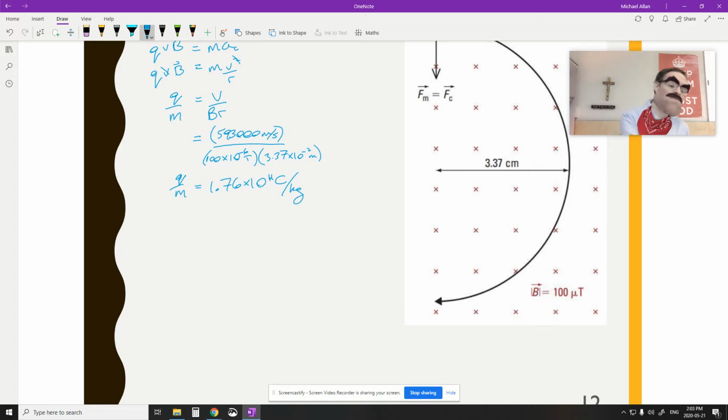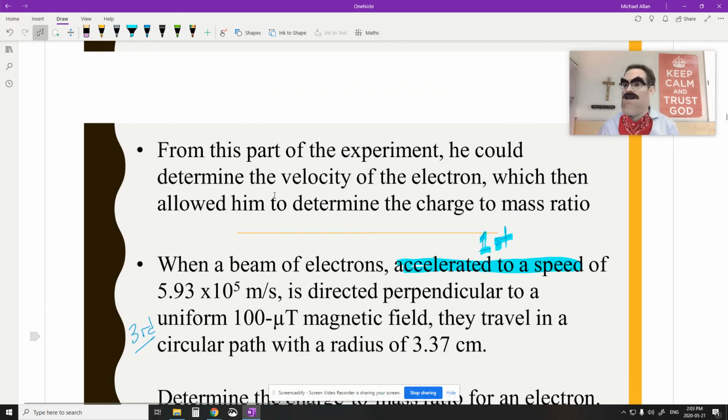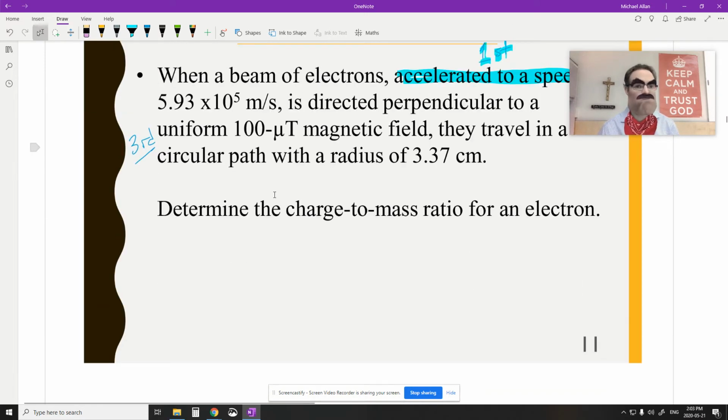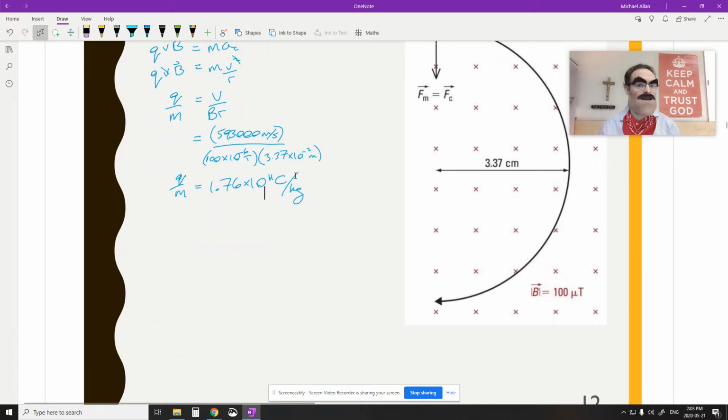Okay. So you need to repeat this experiment. J.J. Thomson would just do this experiment again, change the velocity selector a little bit, get a new velocity. You can leave the third part completely the same. It doesn't have to change. You just measure a new circular radius, get the charge to mass ratio again.